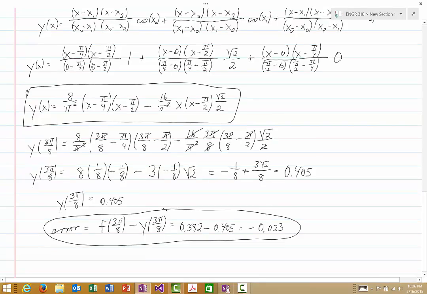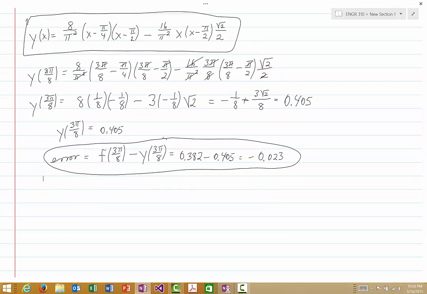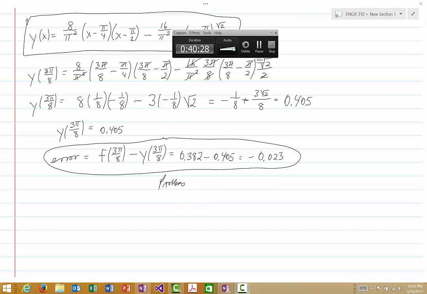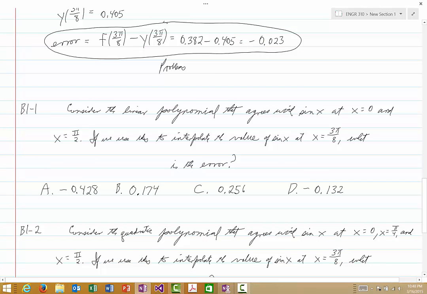And so now let's look at some problems associated with this lecture. Okay, so the problems for this lecture B1 will be as follows. They're just like the problems that we just did, except that now we are trying to find an interpolating function for sine of x rather than cosine of x.